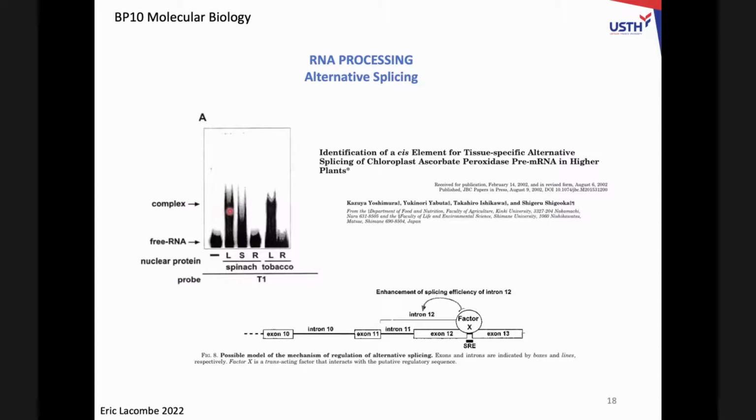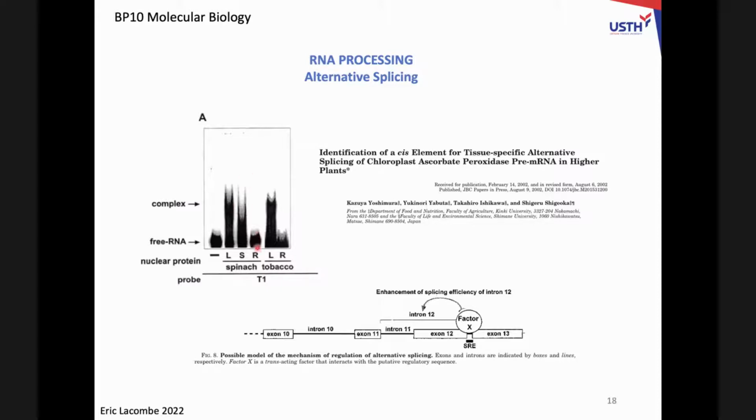So this dark signal here, which is above the free probe, indicates that in this protein extract coming from leaves, there are protein factors that are able to interact with the free probe. And you see the complex which is formed.